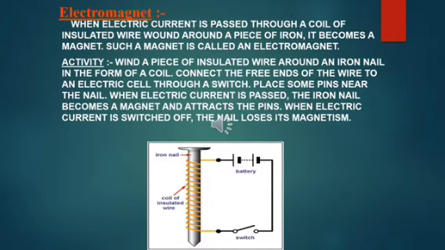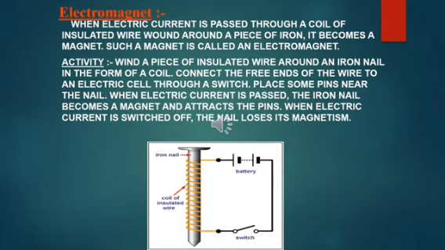First point. The second point, the magnetic field will disappear when there is no current flowing through the conductor. Have you understood? Only when current flows, it behaves like a magnet, and once there is no current flow, it does not behave like a magnet. Are you following?